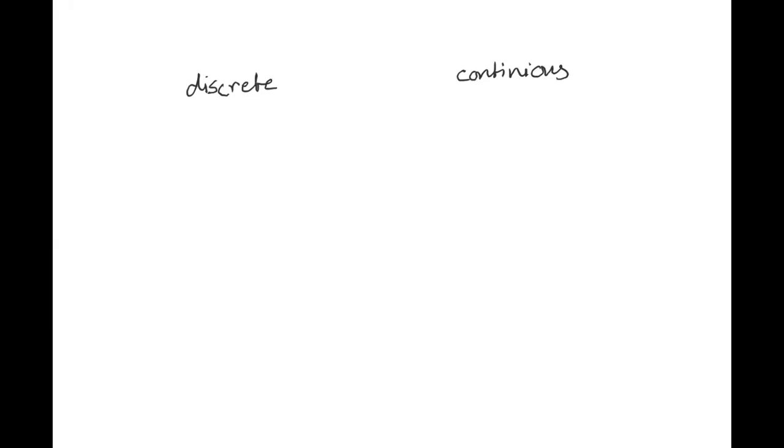Whereas a continuous system is a system for which the individual parts cannot be seen. This is how we will make the transition from the mechanics of point particles to the mechanics of extended objects.